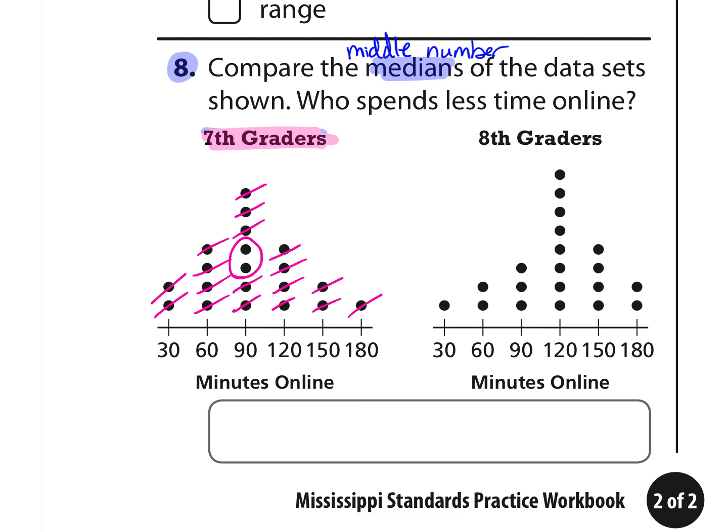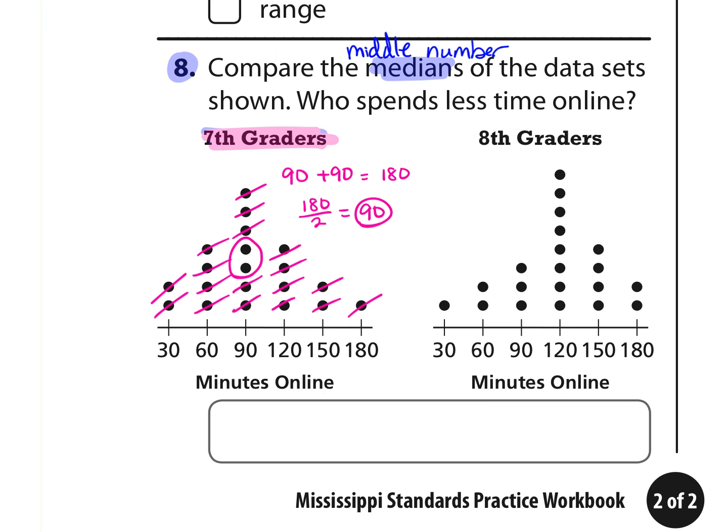And since they're both 90, we could say 90 plus 90, which is 180, and then divide that by 2, so we get 90. But what we could have also noticed is they are both 90. So on average, the middle of 7th graders spend 90 minutes online.